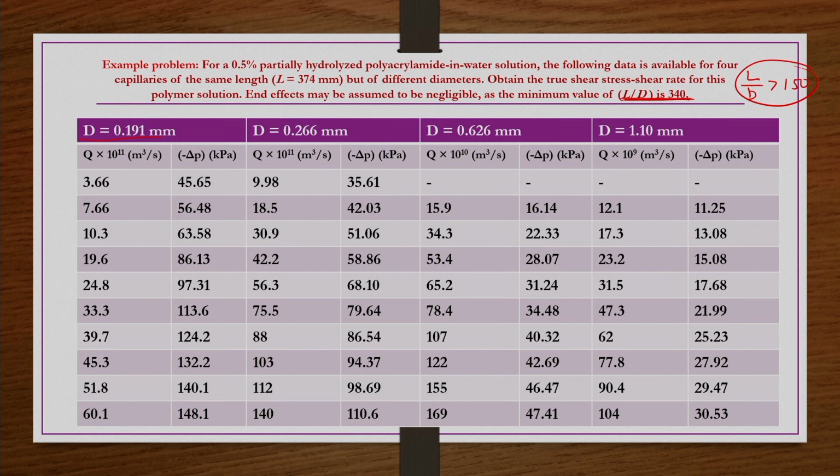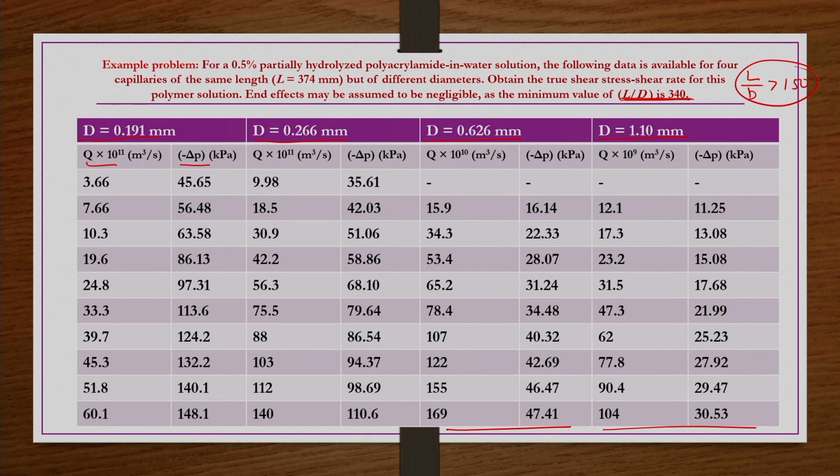So, when D is 0.191 mm, the Q versus delta P information is given here in the first 2 columns. The third and fourth columns are for D equal to 0.266 mm, the fifth and sixth columns for D equal to 0.626 mm, and the last 2 columns for D equal to 1.1 mm.